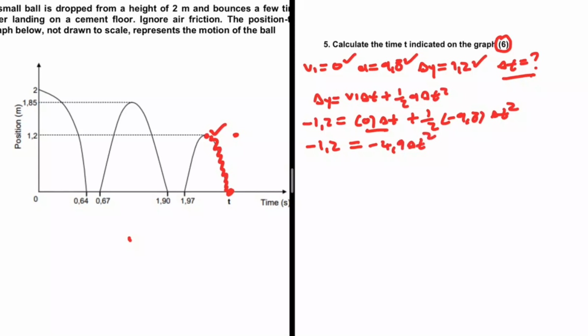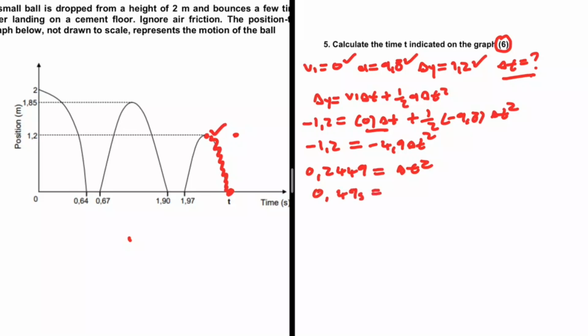So what we need to do is divide both sides by minus 4.9. I am getting 0.2449. I'm rounding off to 4 decimal places because I'm not at the final answer. This is equal to delta t squared. So let's go ahead and take square roots on both sides. When I do that, I get 0.49.